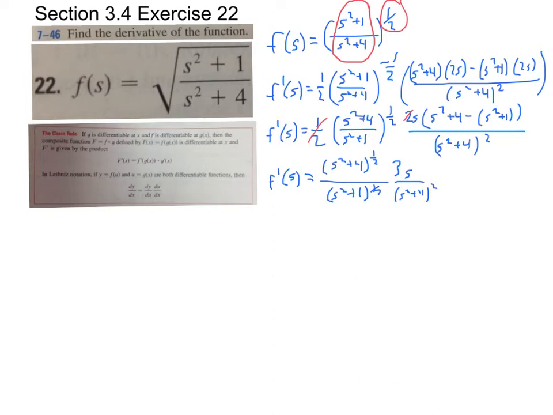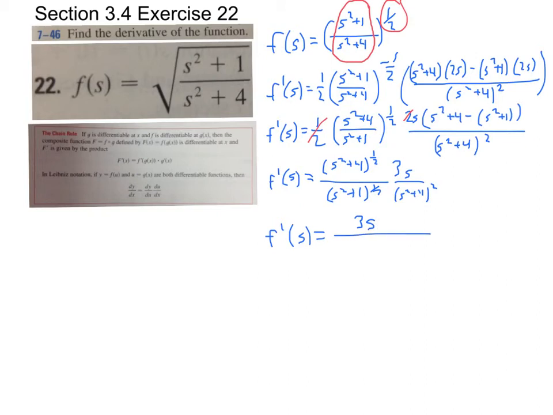And now we notice that we have s squared plus 4's on the top and s squared plus 4's on the bottom. So I'm going to write them so that they have positive exponents. I have more s squared plus 4's on the bottom, so 2 minus the 1/2 is where my 3/2 comes from. So the only thing that's left up on the top is the 3s.